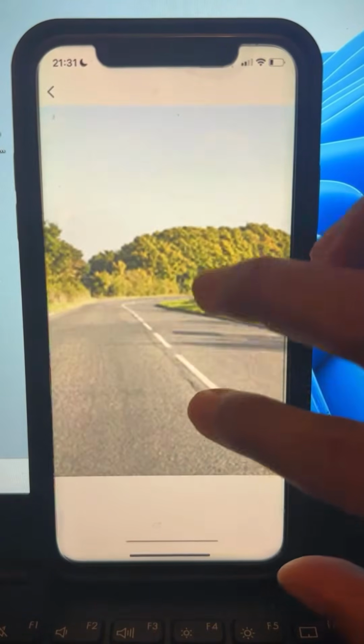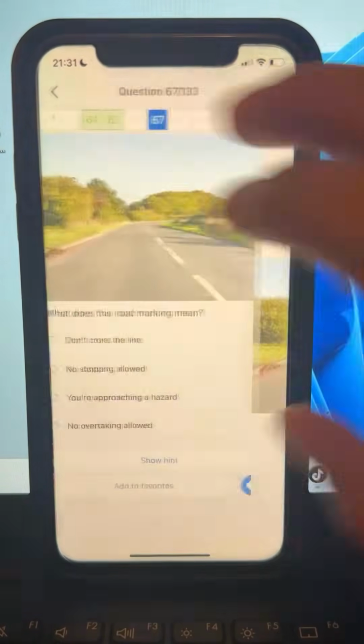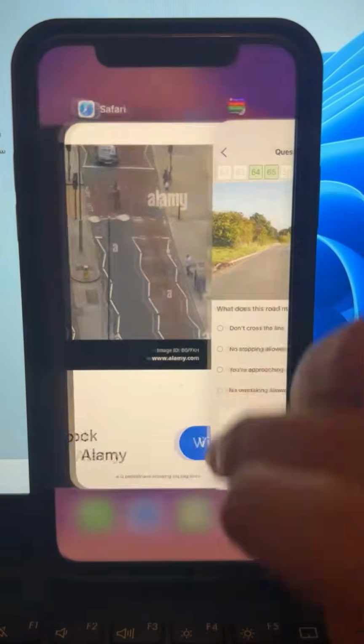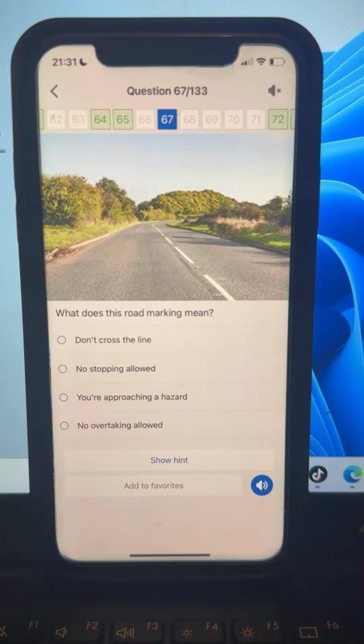Why are they there, what are they telling you? Yep, it's telling you there is something ahead, there is a hazard ahead.